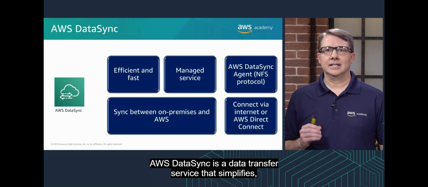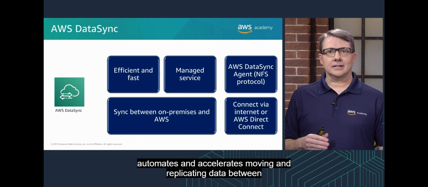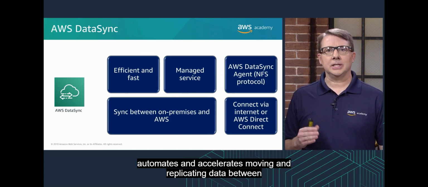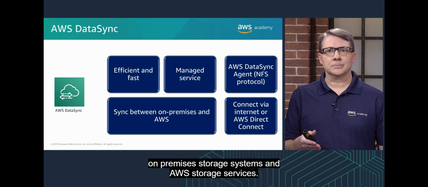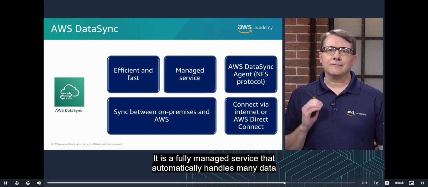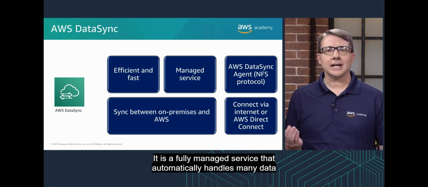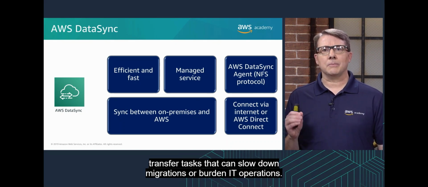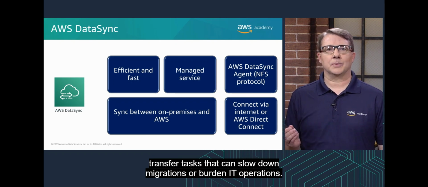AWS Data Sync is a data transfer service that simplifies, automates, and accelerates moving and replicating data between on-premises storage systems and AWS storage services. It is a fully managed service that automatically handles many data transfer tasks that can slow down migrations or burden IT operations.